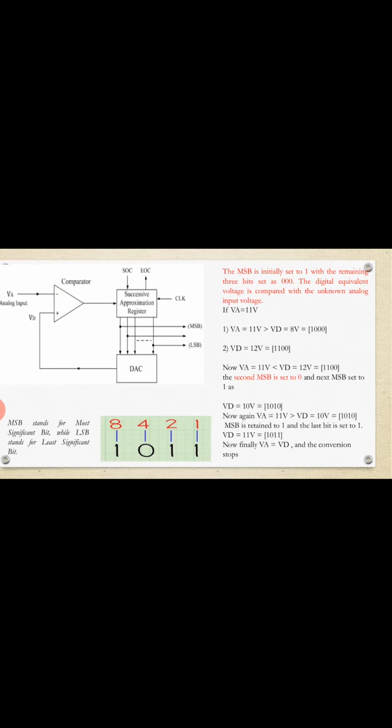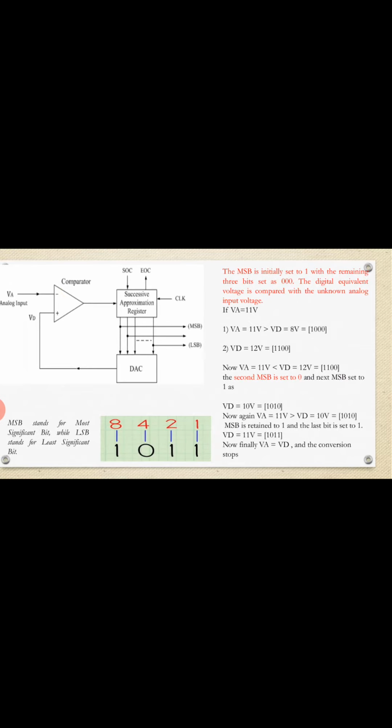So VA equal to 11 volt is greater than VD, because VD is 8 volt. What is the next step? The first bit is kept as it is, because 8 volt is less than 11 volt, hence the first bit stays 1, and the next bit is made high.